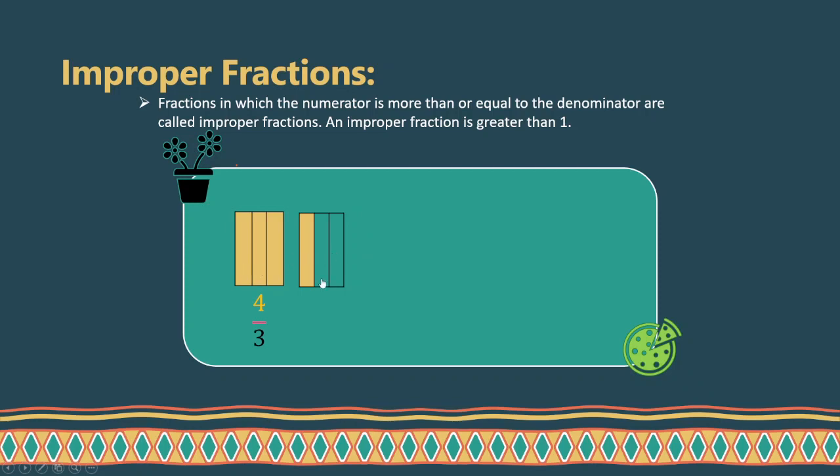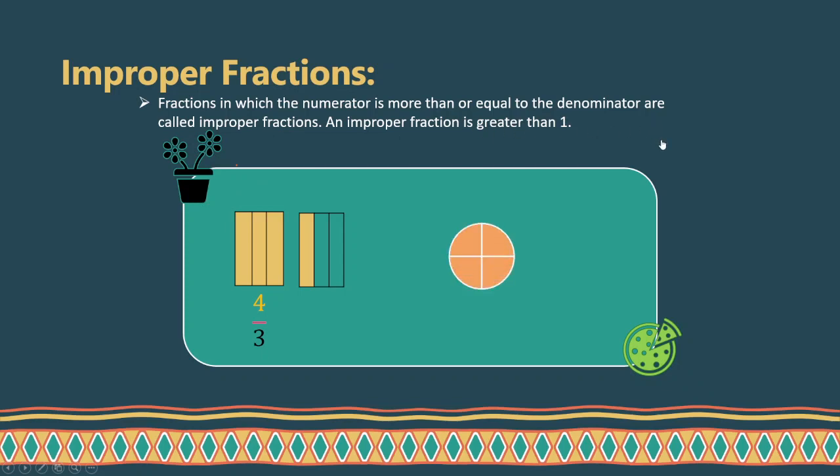Written in the fraction form, this becomes 4 by 3, and 4 is greater than 3. 4 is the numerator, greater than the denominator. This kind of fraction is called improper fraction.